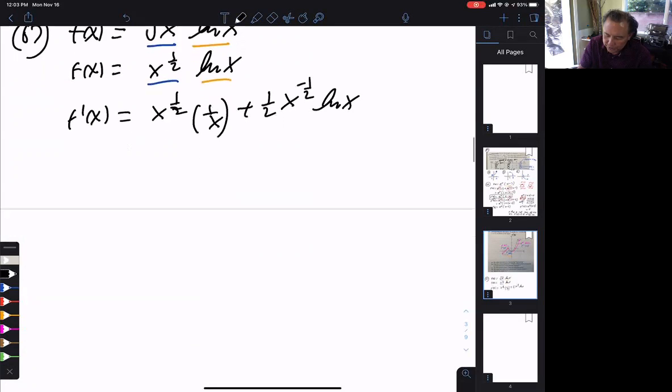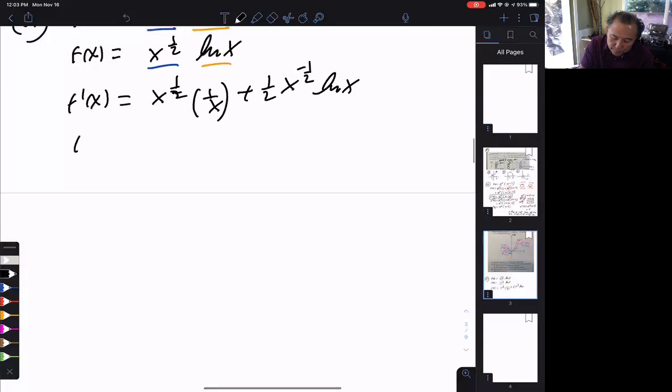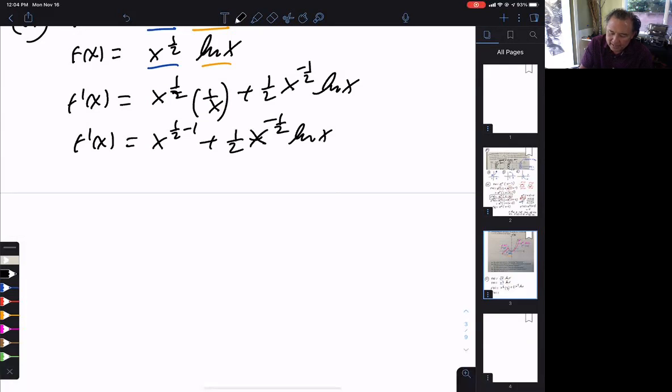This looks very familiar to me. Now the first part, I can simplify this. If I have exponents with the same base being divided, I subtract the exponents. So this is x to the 1/2 minus 1, plus 1/2 x to the negative 1/2 ln of x.